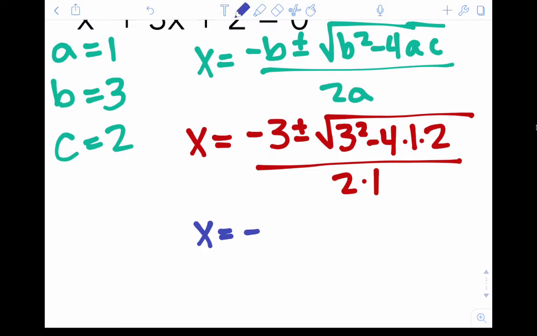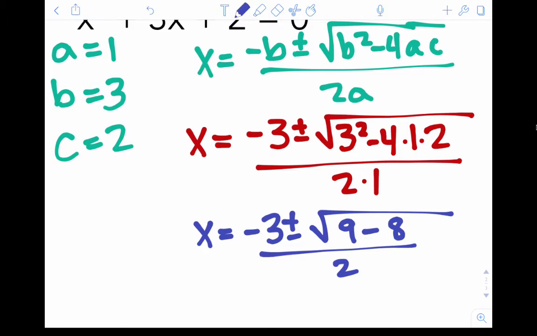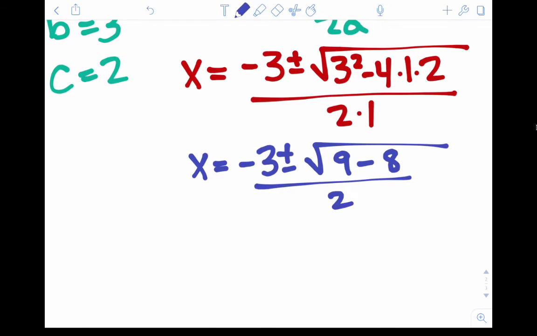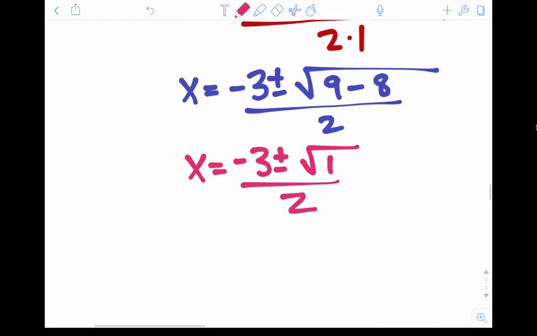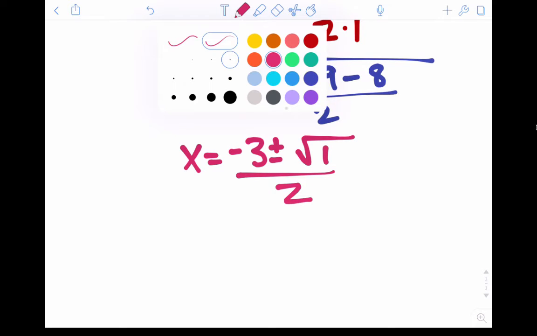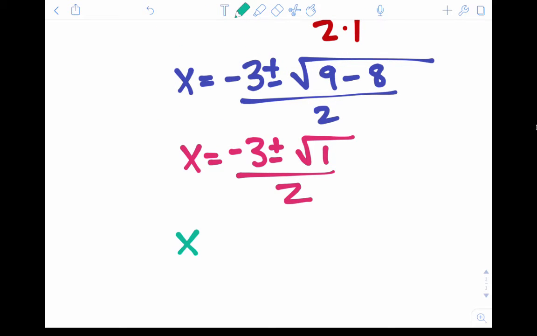So I have x equals negative 3 plus or minus the square root of 9 minus 4 times 1 times 2, which is 8, all over 2. So x equals negative 3 plus or minus the square root of 1 over 2. So x equals negative 3 plus or minus 1 over 2.